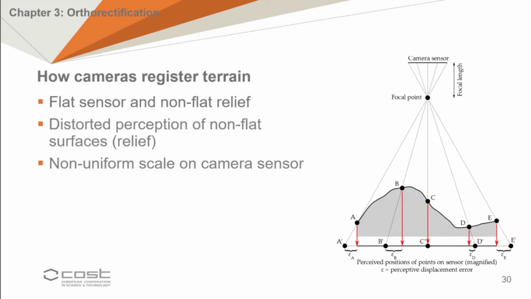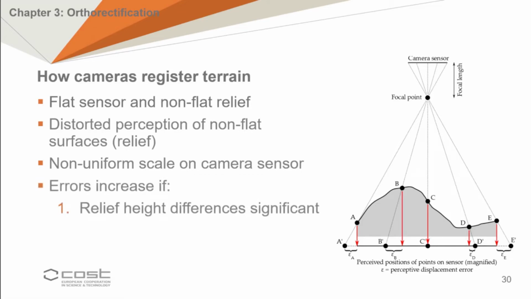Instead of perceiving the point locations correctly, their positions will contain a certain degree of error. The red arrows on the figure indicate the correct positions that the points should take on the camera sensor, while the black points at the bottom indicate their actually perceived positions. These errors will increase with the increase of the height differences in the image.